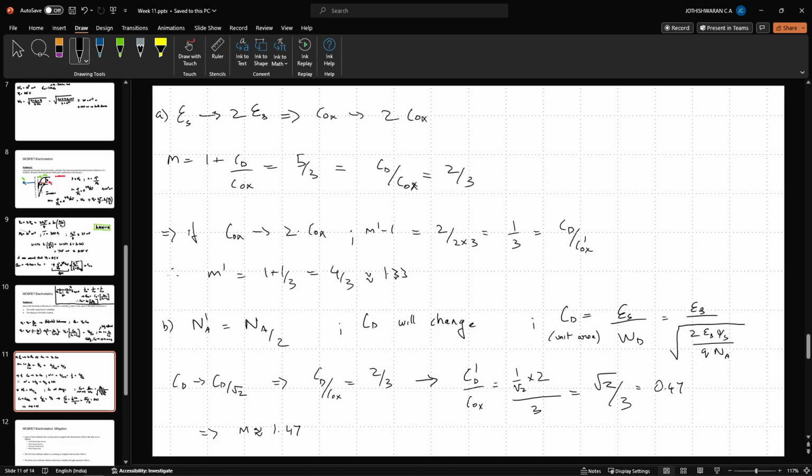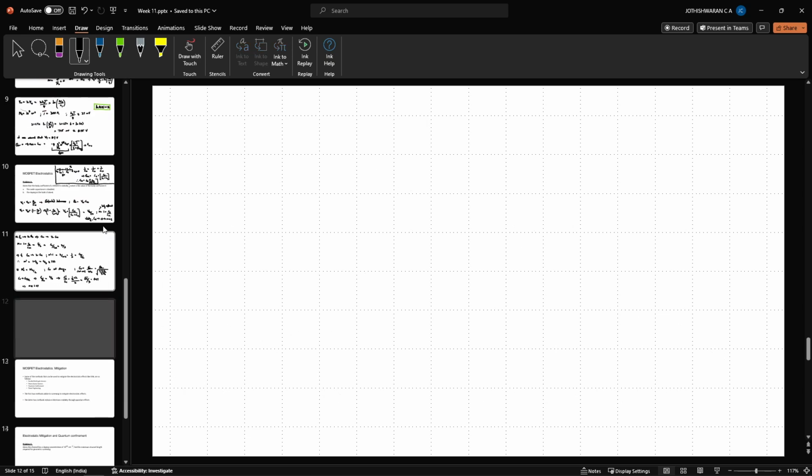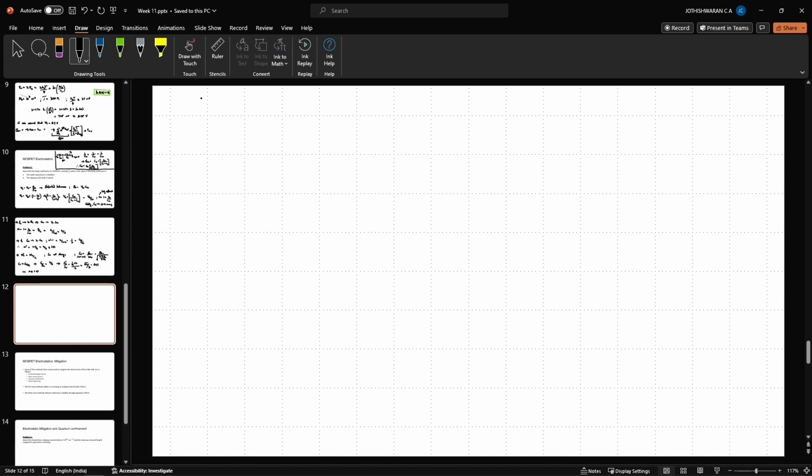So through this problem, we have seen two ways to reduce the form factor, essentially bring our device closer to the ideal behavior case, where depletion no longer saps the extra potential away from the system. Now, before moving on to the next point, why are we doing all of this?